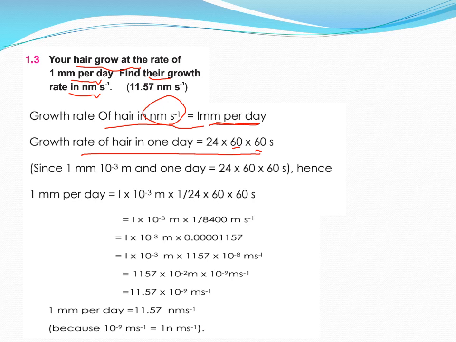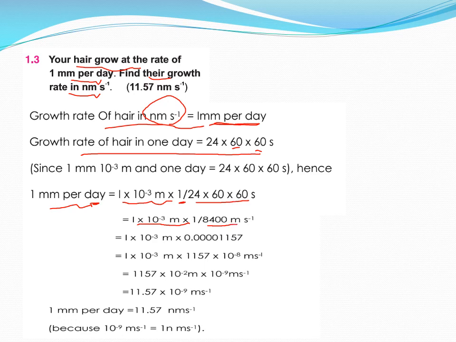Okay, then it is given that 1 millimeter per day. So 1 millimeter, which is 10 to the power -3 meter, divided by the number of seconds in 1 day, which we have just calculated: 24 times 60 times 60. So this is the numerator, and this many seconds are there in 1 day.